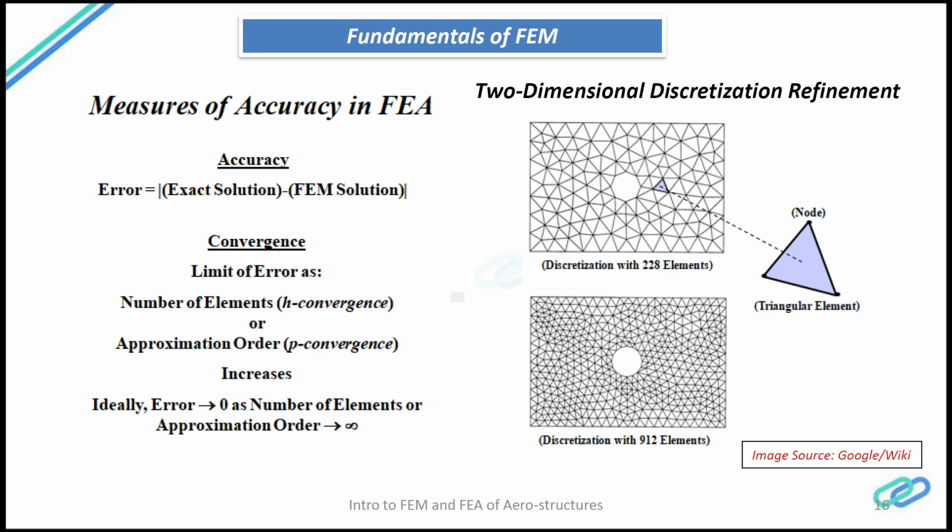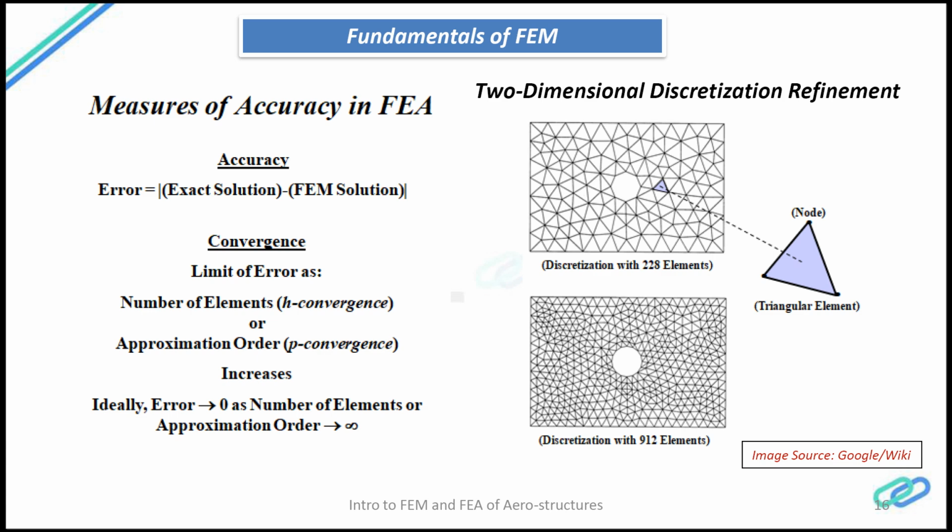the same thing I have spoken about earlier. In terms of convergence, you have the number of elements, which is increasing the number of elements. I have put in a simple example. You can see a plate with a hole, which is discretized using 228 triangular elements, 2D elements, and then we did the H refinement to get 912 elements.